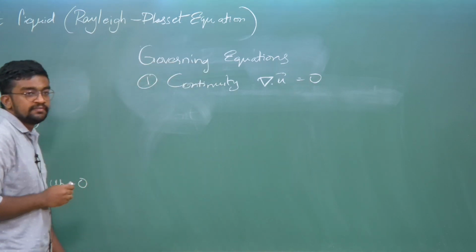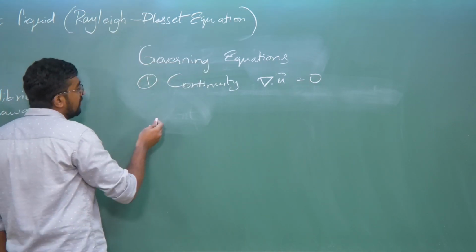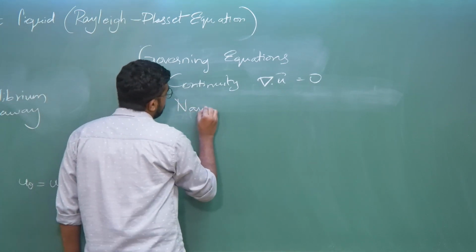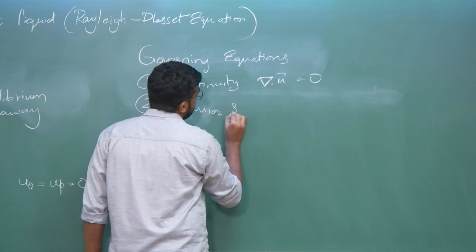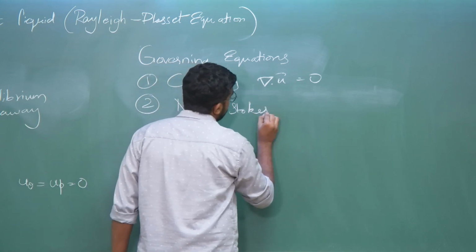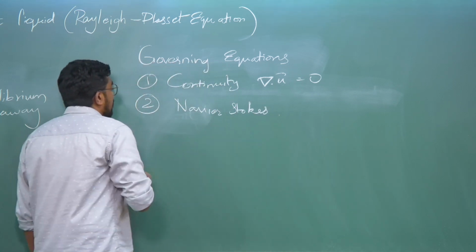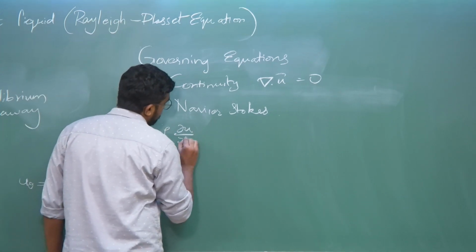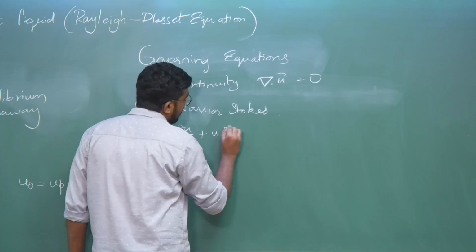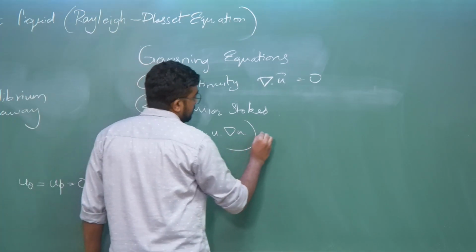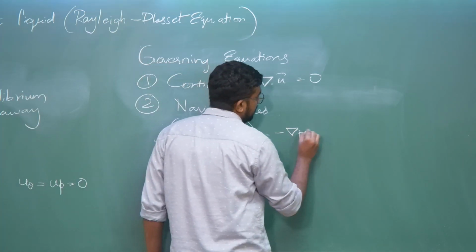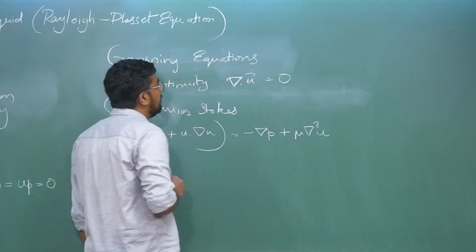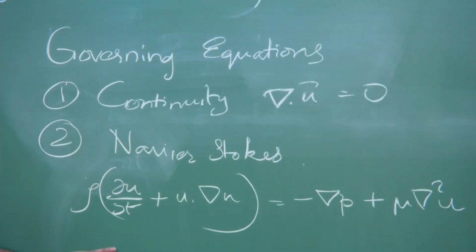Navier-Stokes is also there: rho times dou u by dou t plus u dot del u equals minus grad p plus mu del square u. So, these are the two governing equations that we will be solving.